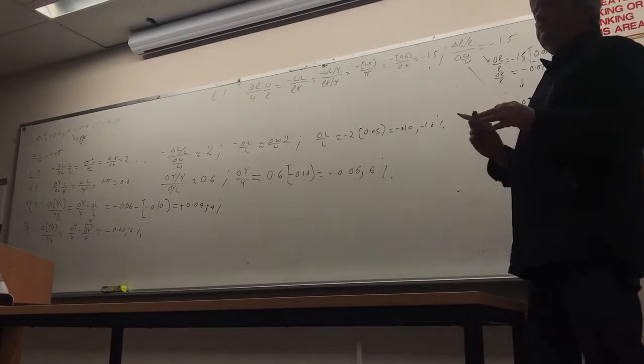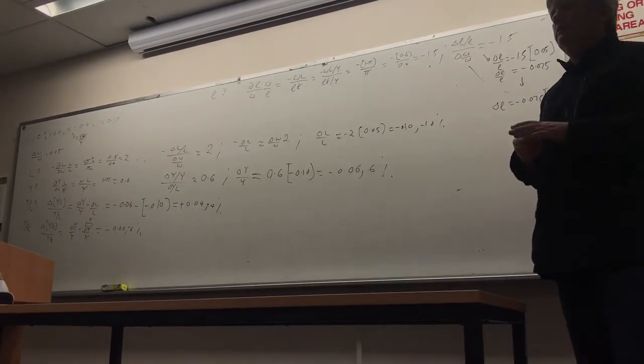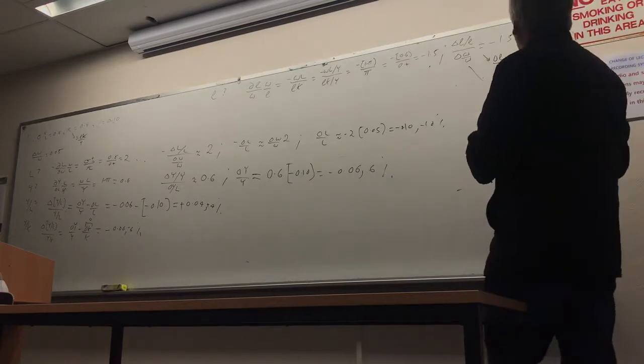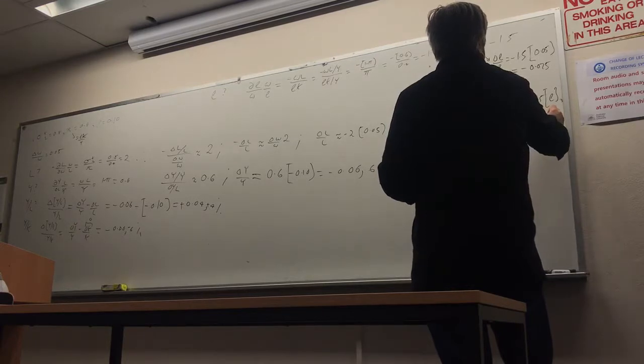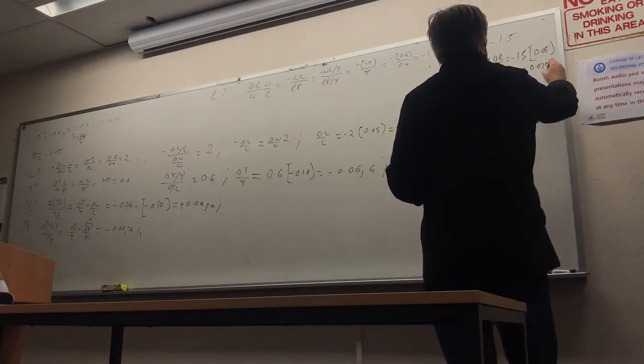So you're saying, what are you saying? Okay. Therefore, the change in rho is equal to minus 0.0075, as you're pointing out.